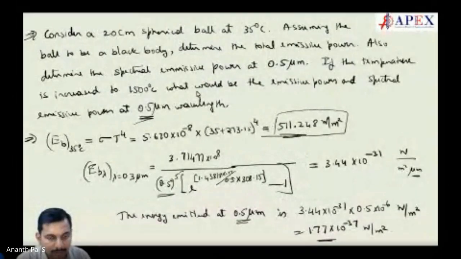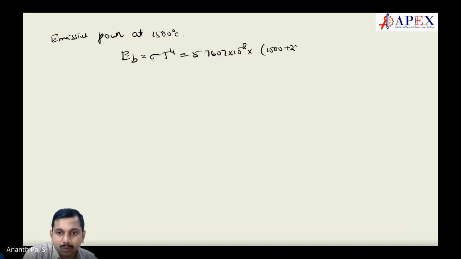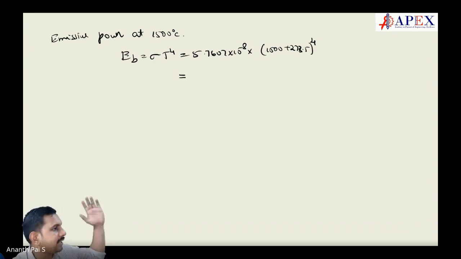So now do that. You will see how much high it is. 5.67 into 10 power minus 8 into 1500 plus 273.15, the whole power 4. It will come as a big number. So just to have an idea.